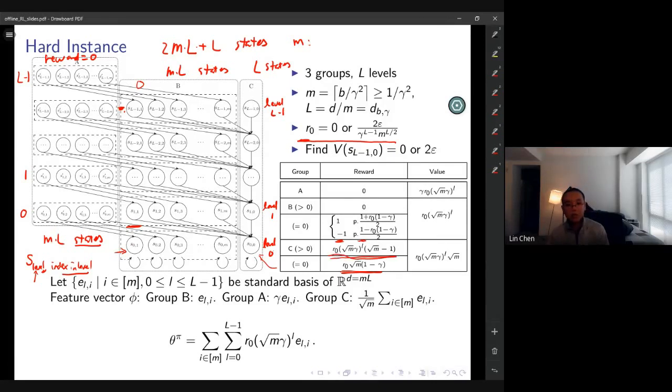And we can compute the value of each state. So the value of a state in group B is this, if this state is on level L. And we can see that the value of a state in group A is just gamma times the value of the state in group B. So we have an additional factor gamma here. Okay, and we can also compute the value of group C states.